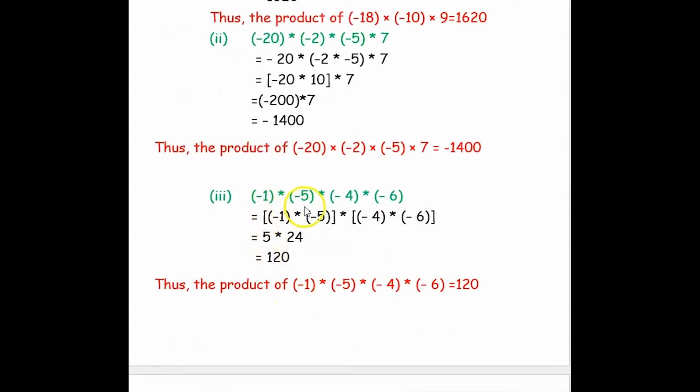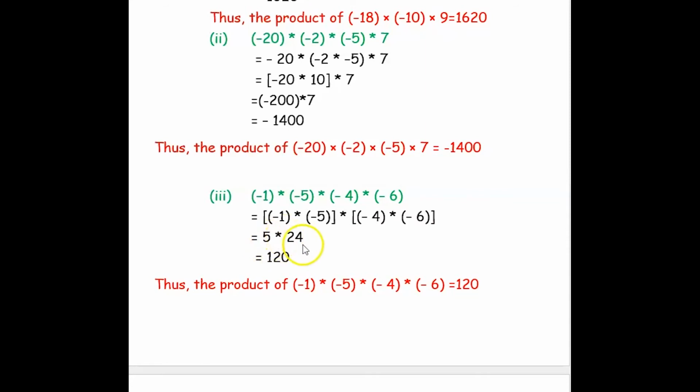Now let's see the next question. Negative 1 into negative 5 into negative 4 into negative 6. Let us see how to associate. We'll associate negative 1 and negative 5, then we'll associate negative 4 and negative 6. Negative 1 into negative 5 is positive 5, and negative 4 into negative 6 is positive 24.